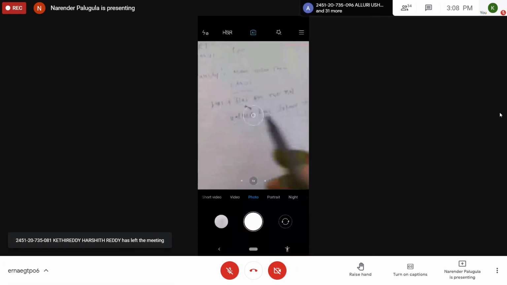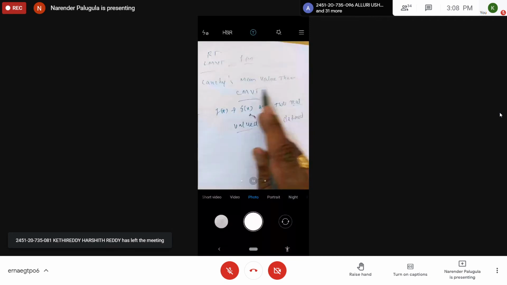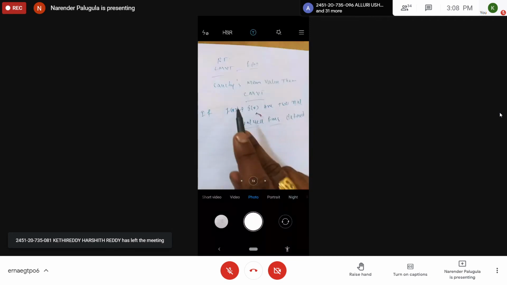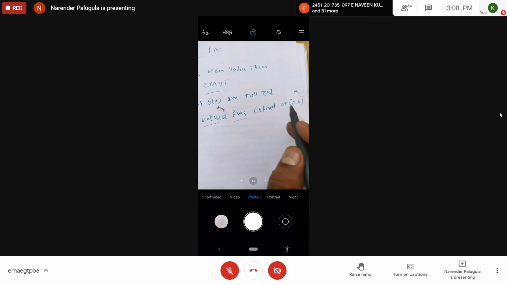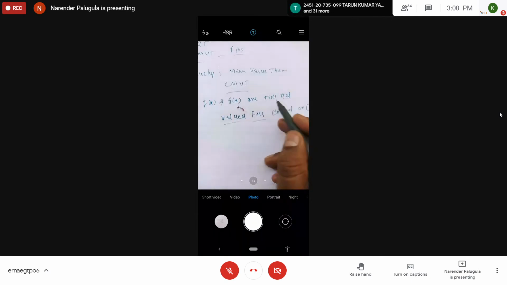Try to understand the statement of the theorem first. Cauchy mean value theorem statement: if f of x and g of x are two real valued functions defined over the interval (a, b). What is the meaning of real valued functions?